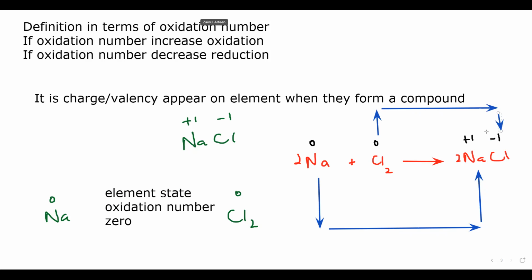So what happened to the oxidation number during the reaction? What happened to the oxidation number of sodium? It was 0 initially and then it became 1. So did it increase or decrease? 0 became 1, so it increased. Sodium in its element state had oxidation number 0, but here the oxidation number increases.